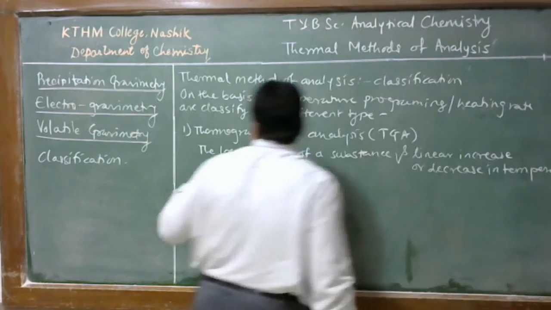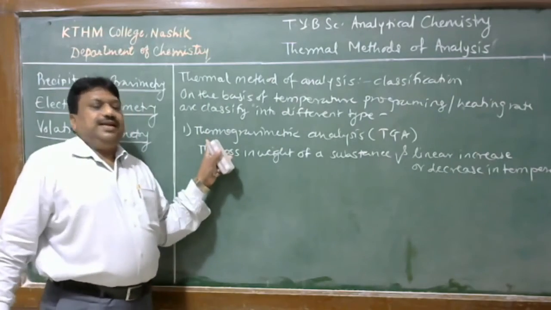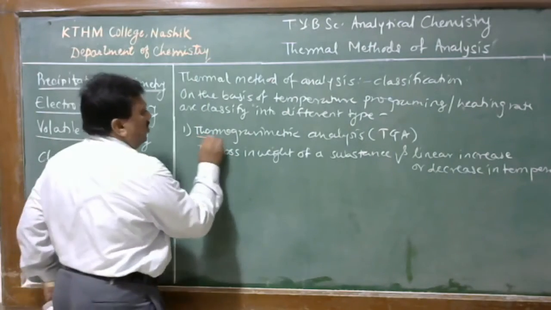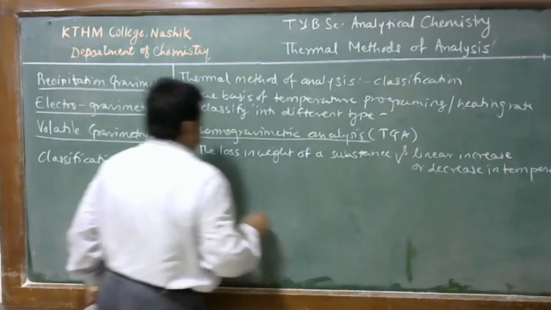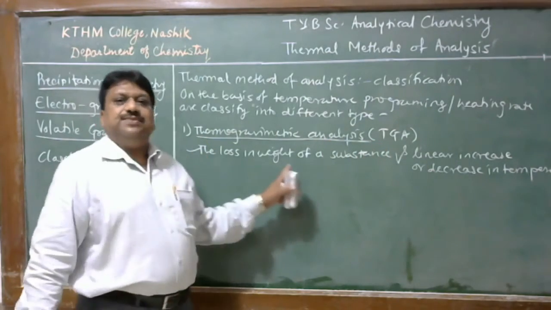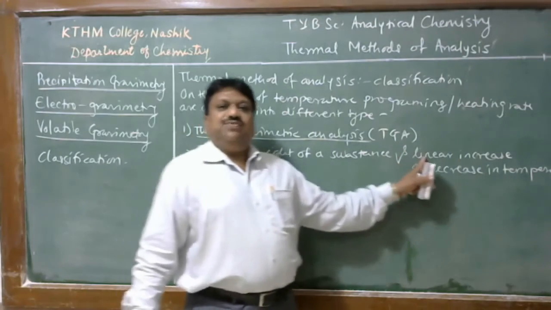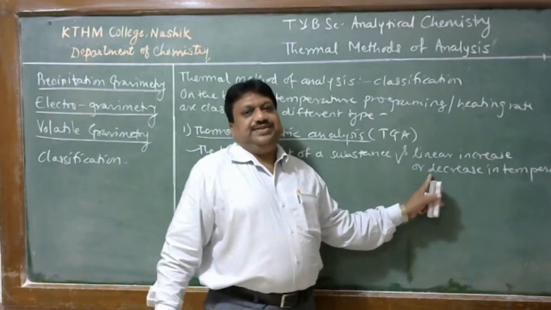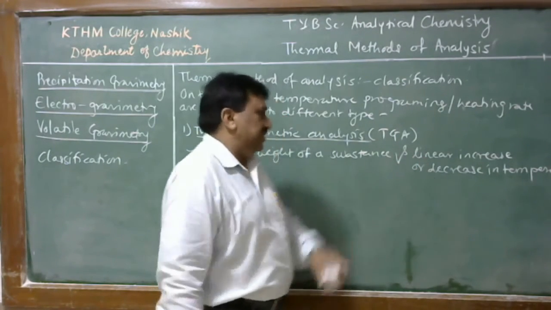Therefore, the first type is called thermogravimetric analysis. In this thermogravimetric analysis, the loss or gain in weight of a substance is recorded as a function of linear increase or decrease in temperature. That is the first method.